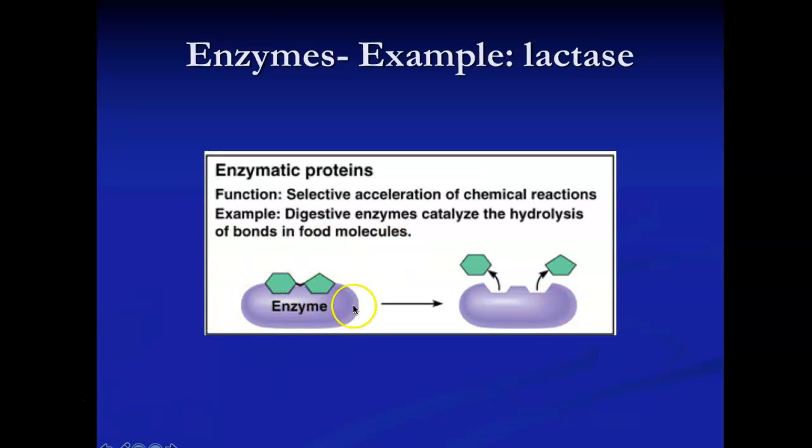But basically, an enzyme is a catalyst for a reaction to occur, and it speeds up the rate of the reaction, and you're going to recognize that you have an enzyme because it's going to end in the letters A-S-E, ase. So an example of an enzyme would be lactase. Lactase is going to take lactose, which is a disaccharide sugar, and it's going to break the bonds when you're digesting food like milk or something like that.